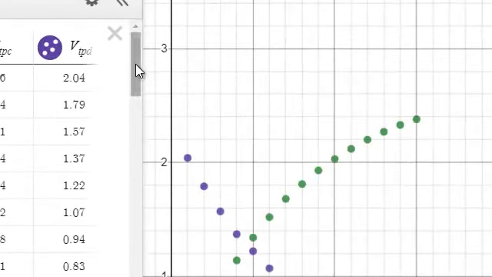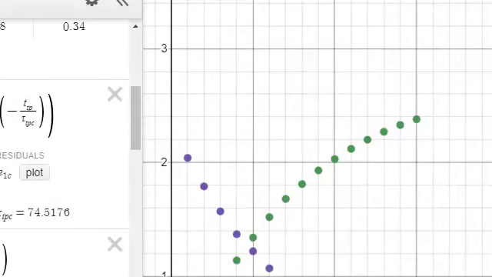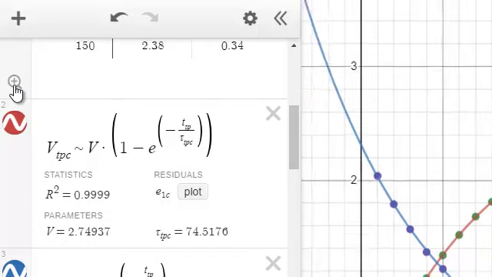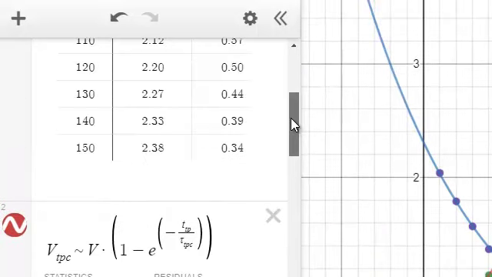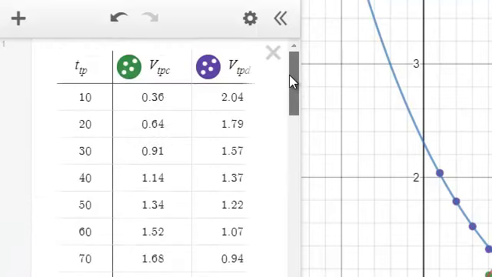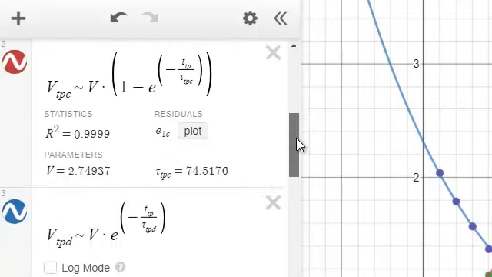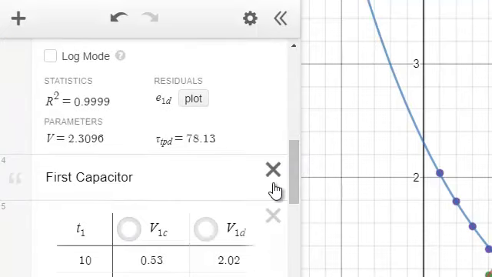There we go. And I will put the example back in. There we go. And I guess hit that little plus sign there. There we go. And yeah, then you can go from there. So I recommend you actually de-highlight these here, or whatever the word is, and then start working on the first capacitor and then the second capacitor and so on.